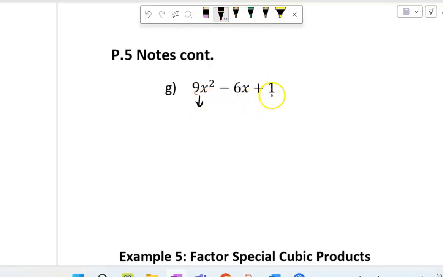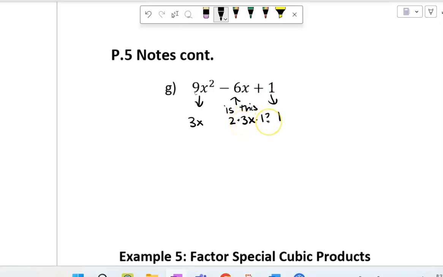And what I mean by that is you have to check, can I take the square root of 9x squared? And I can. I get 3x. Can I take the square root of 1? But it's extremely important that you also check to see, is the middle 2 times 3x times 1? And I really should use a dot for my times symbol so that it doesn't look like an x.